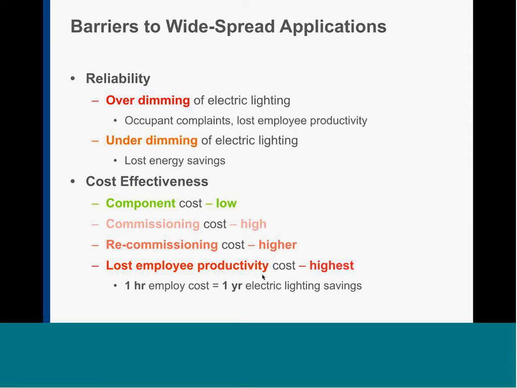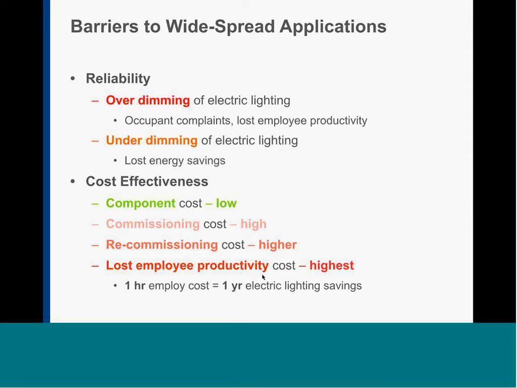This makes sense. The ones that work are the ones that underdim, so people don't complain, but you don't get savings. And the others either overdim or dim in ways that people don't like, and then they disable them. And it's easy to disable these systems. You take a tape, you cover the sensor, and you have the lights on all the time. So now, taking a closer look at electric lighting control for daylight harvesting to understand the implementation.